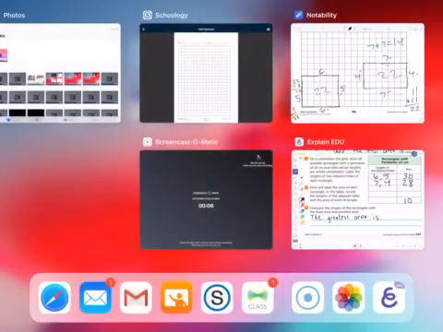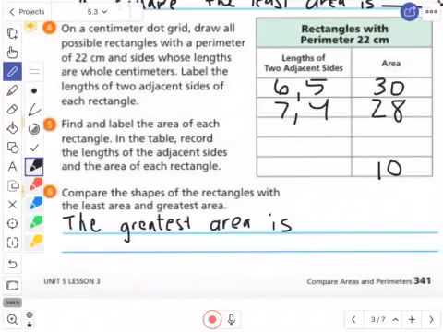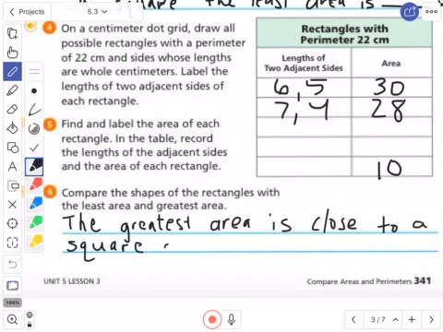Oh, it looks almost like a square, close to a square. Or I could say the 6 and the 5 are almost the same. They're really close to each other. And the least area is what? And you're going to just answer that question.